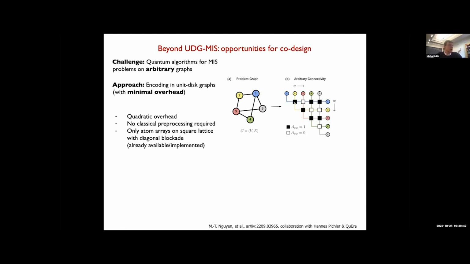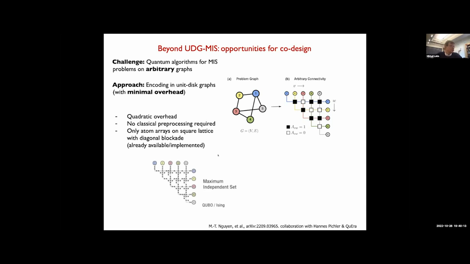The fundamental idea is that you can construct this non-local connectivity by just introducing additional ancilla atoms and utilizing the fact that they order. Essentially, it turns out that you can encode any arbitrary instance into the lattice which I just showed you with at most quadratic overhead.